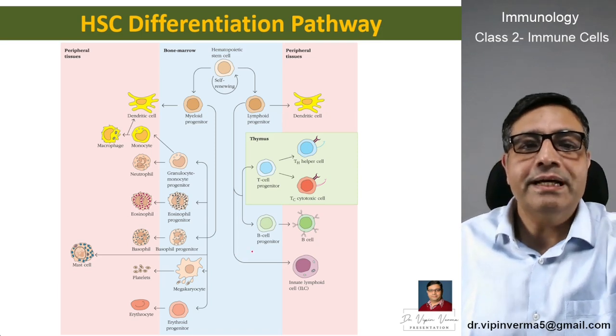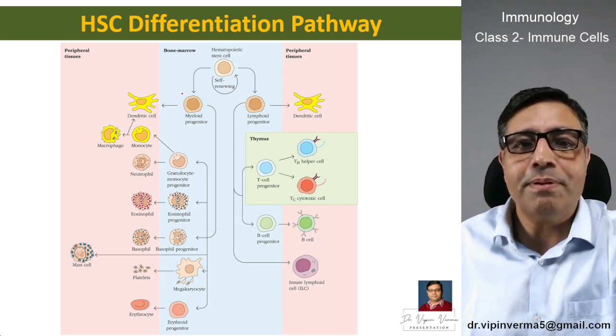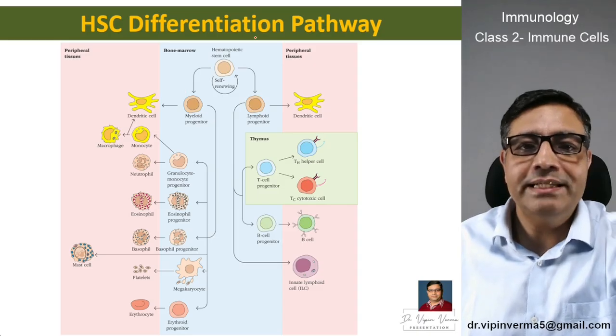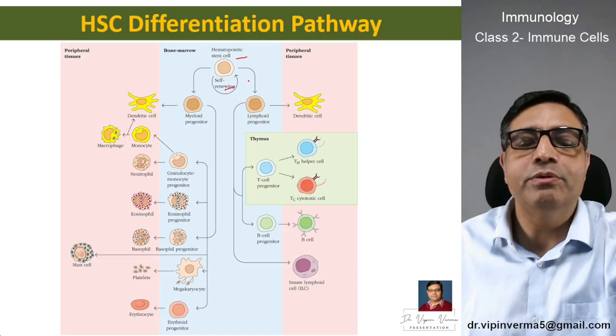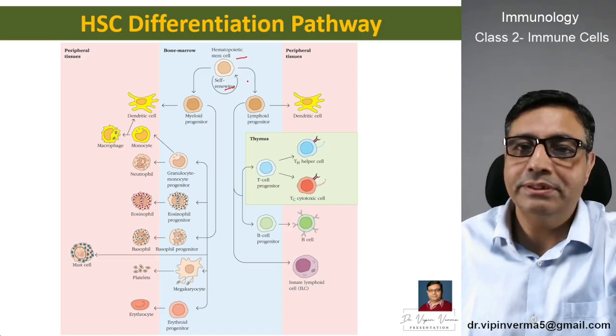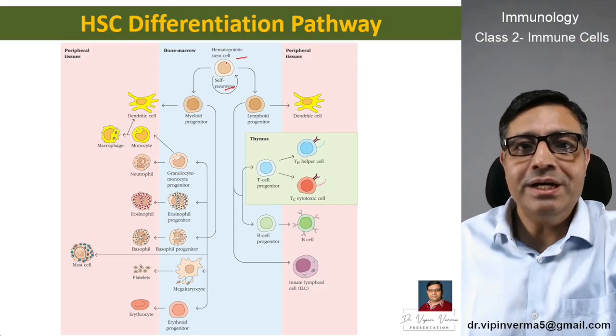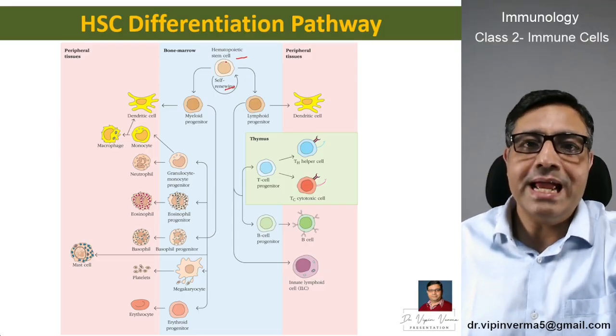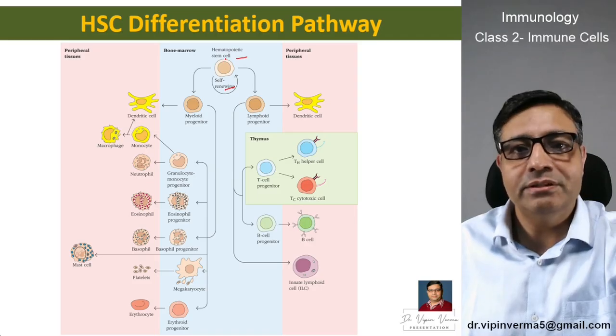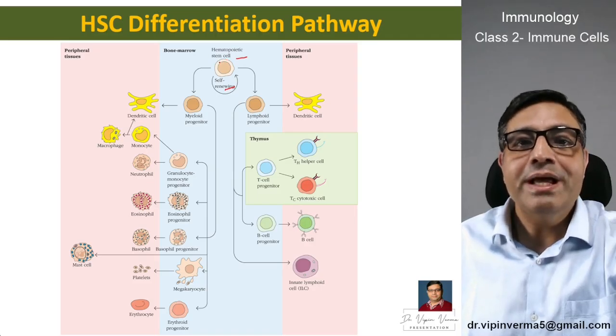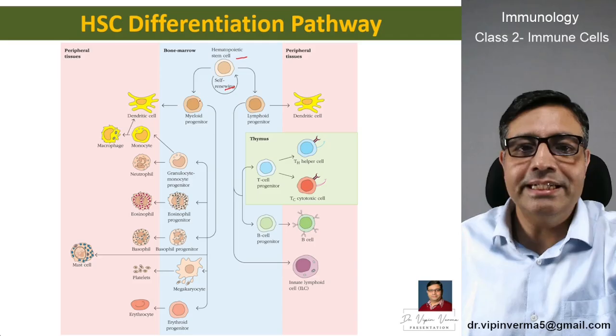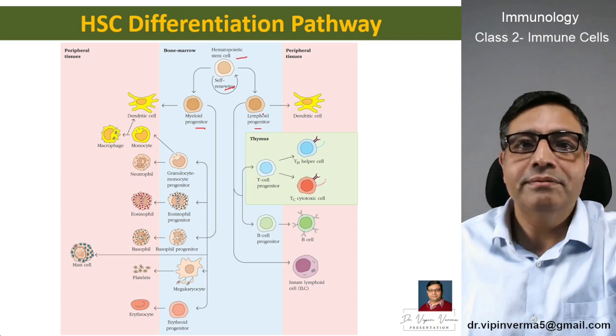Now, if we see the hematopoietic stem cell differentiation pathway, what we see here is that we have the hematopoietic stem cell, and this hematopoietic stem cell can self renew. Okay, because they show two characteristics: one is self renewal and another is differentiation. So they can self renew, and they can further differentiate into either the myeloid progenitor cell or the lymphoid progenitor cell.